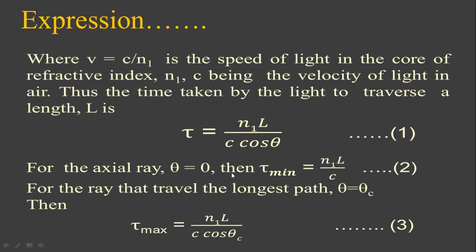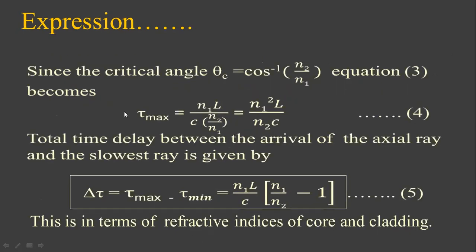One is for the rays which are moving along the axis of the cable, and this is for the rays which are moving near the cladding surface. Since the critical angle theta c is equal to cos inverse of N2 by N1, we already got this result in the earlier session.